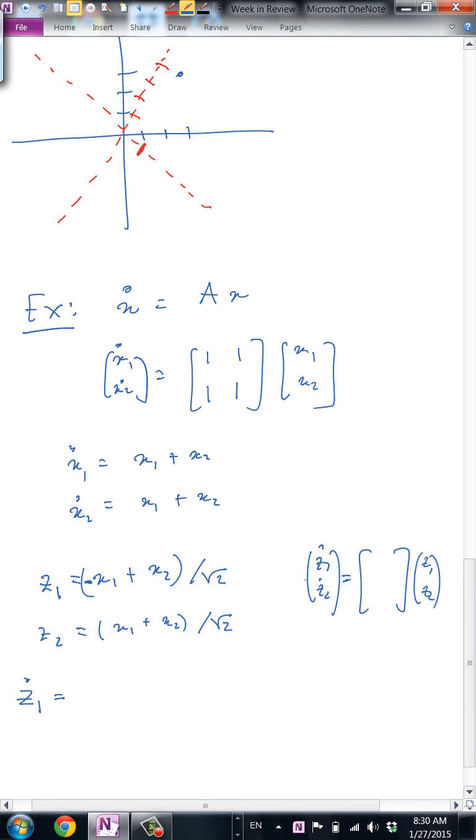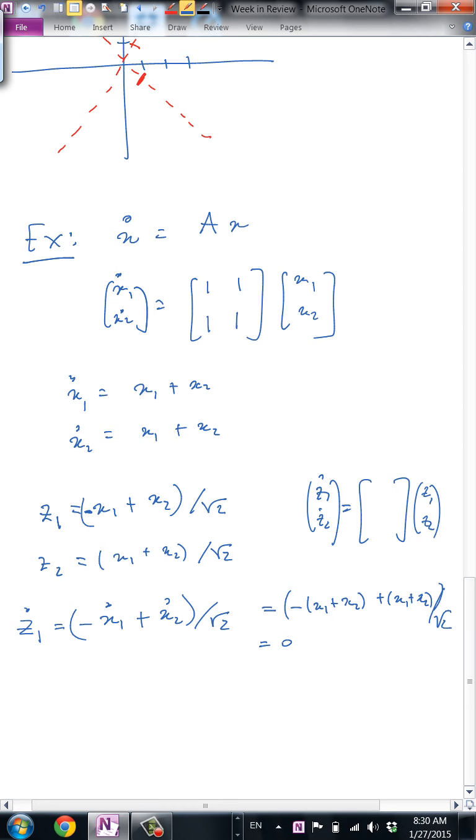Derivative is linear, so we distribute it, so it's equal to minus x1 dot plus x2 dot. And if I plug in what x1 dot and x2 dot are, I actually get that these cancel. So it's minus x1 plus x2 plus x1 plus x2, which is just 0. So z1 dot is equal to 0.